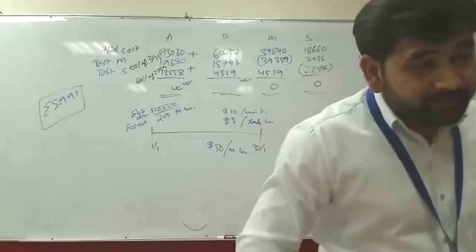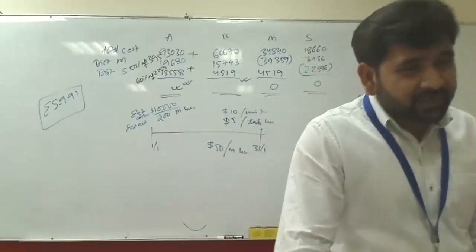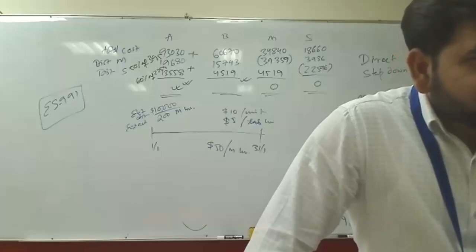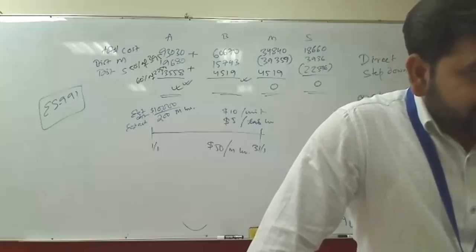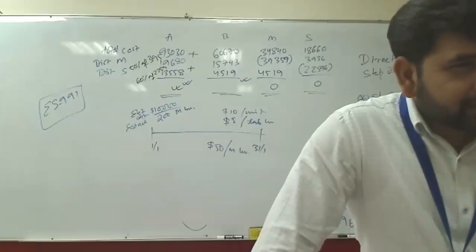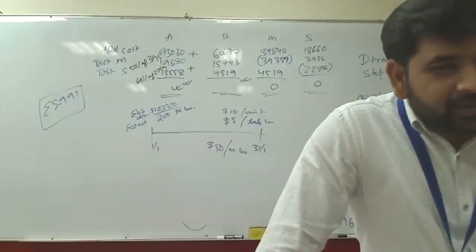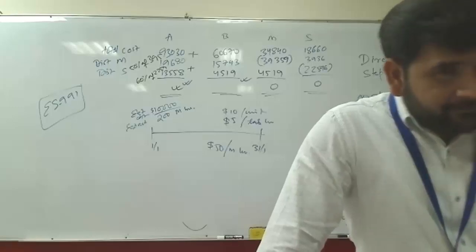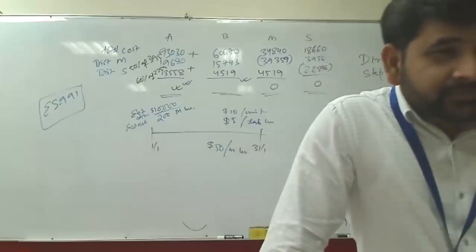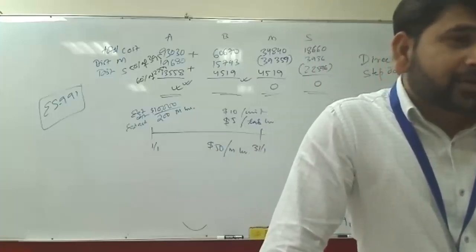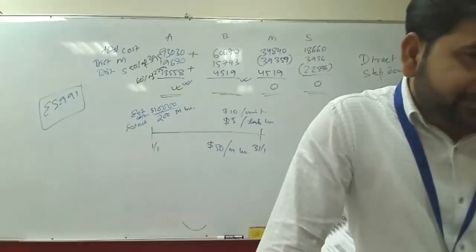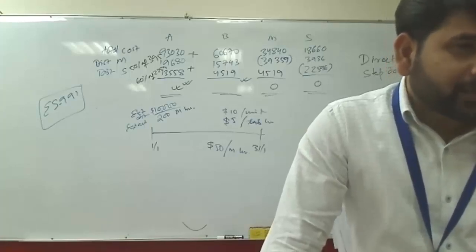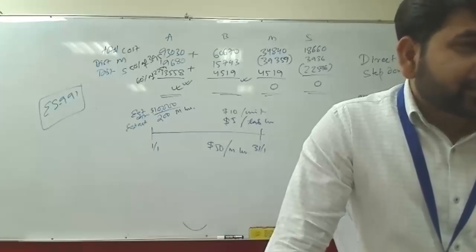When I allocate, I will multiply by actual units, not budgeted units. So the budgeted rate multiplied by actual units will give you the absorbed amount.